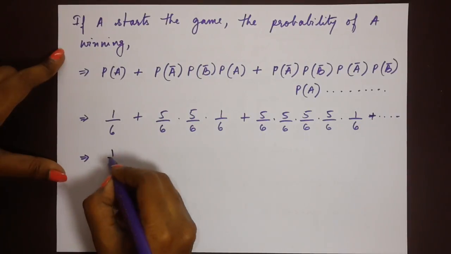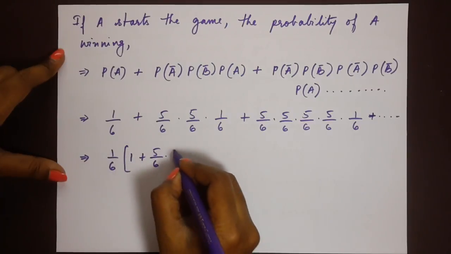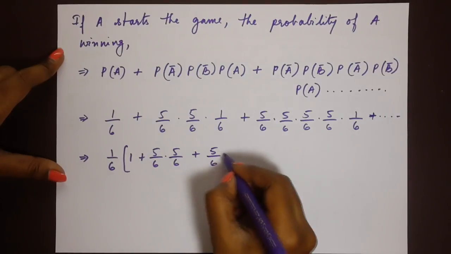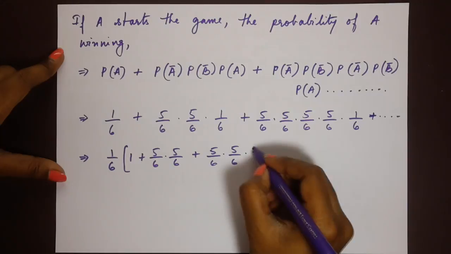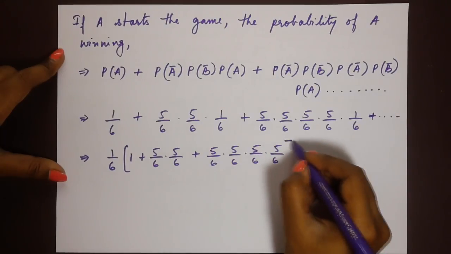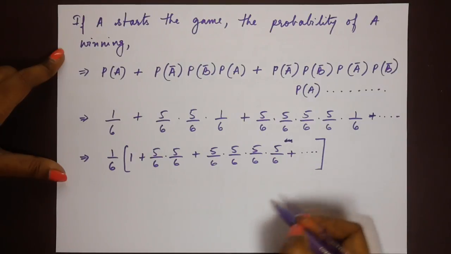Now we can take 1 by 6 common. We would have 1 plus 5 by 6 into 5 by 6 plus 5 by 6, 5 by 6 into 5 by 6 into 5 by 6 plus so and so continues.